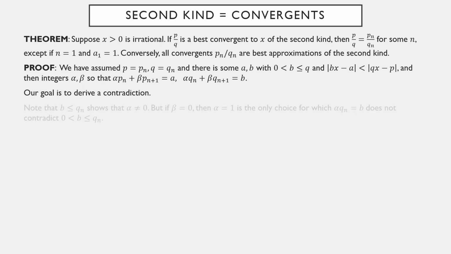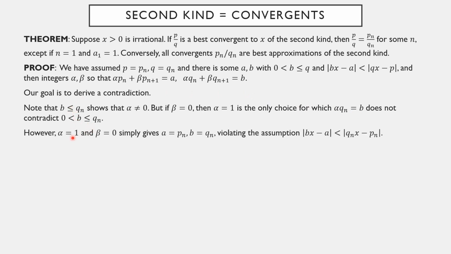So notice we have b less than or equal to qn. Since b is less than or equal to qn, you cannot have alpha equal to 0. Otherwise, b would be a multiple of qn+1, which is bigger than qn. But if beta were equal to 0, then the only choice of alpha for which alpha qn equals b doesn't contradict the fact that b is less than or equal to qn would be alpha equals 1.